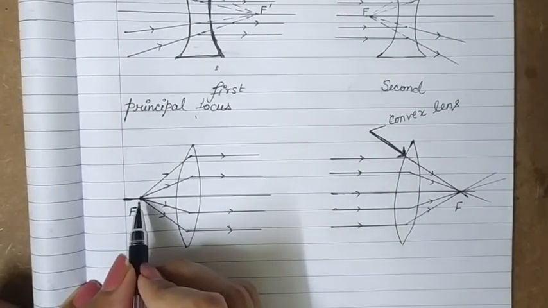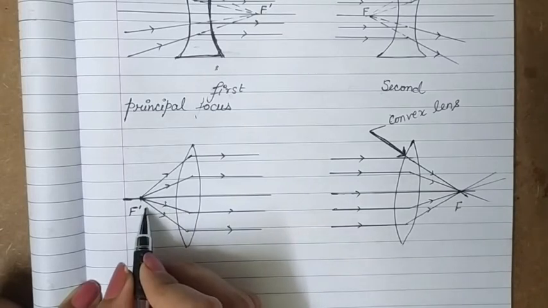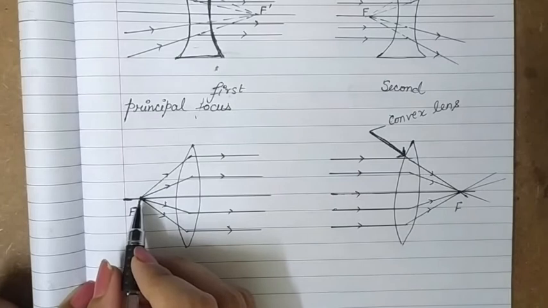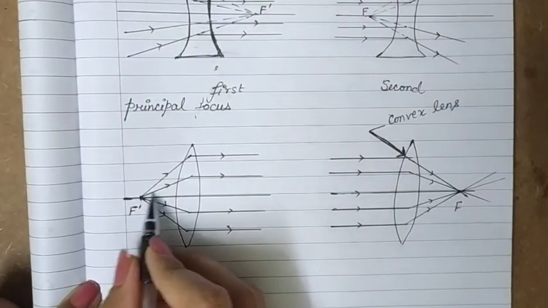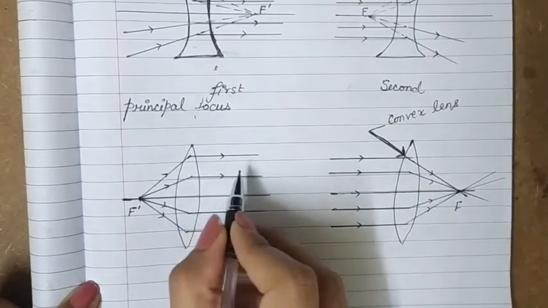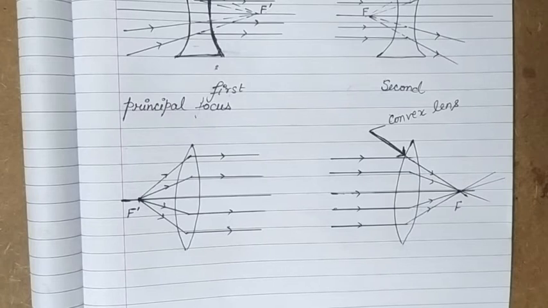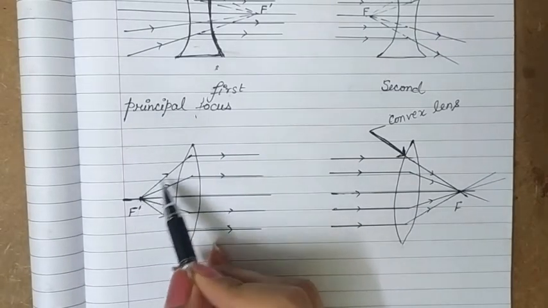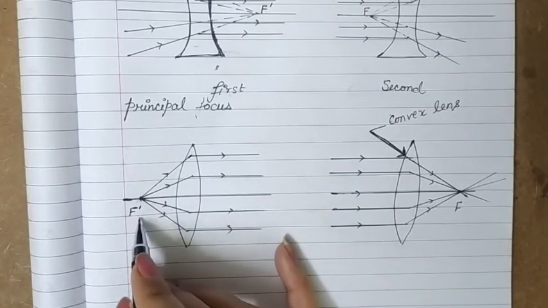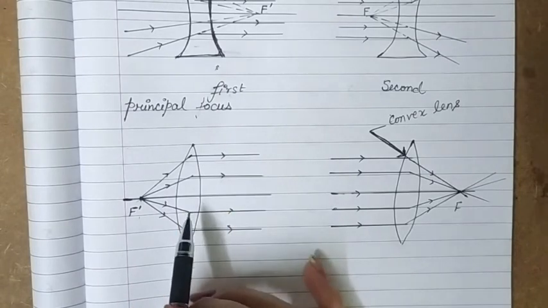It is the point on the principal axis. This is the principal axis. So the first principal focus is a point on the principal axis such that the light rays starting from this point become parallel to the principal axis after refraction through the lens. Then this point is called the first principal focus for this convex lens.